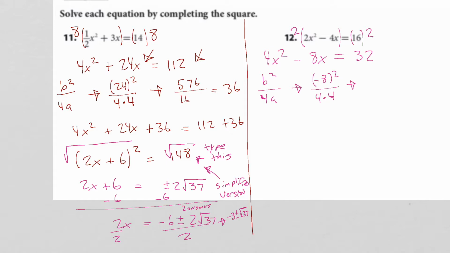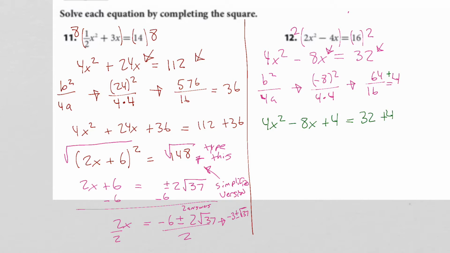So 8 times 8 is going to be 64. 4 times 4 is 16. So I'm going to have to add 4 to essentially both sides of the equation. So here we go. Let's go with a different color here. You're going to have 4x squared minus 8x. And remember, we're adding 4 plus 4 is equal to 32 plus 4.